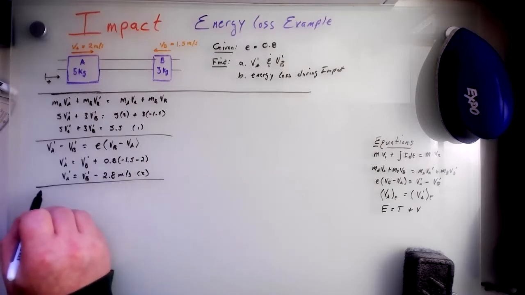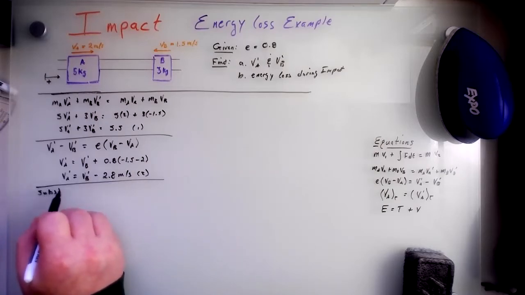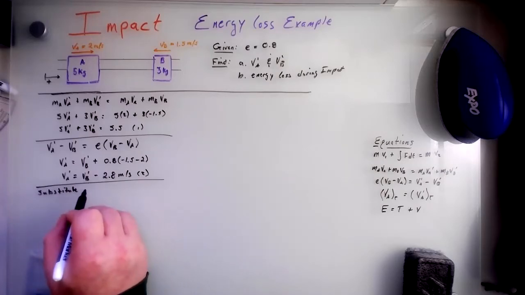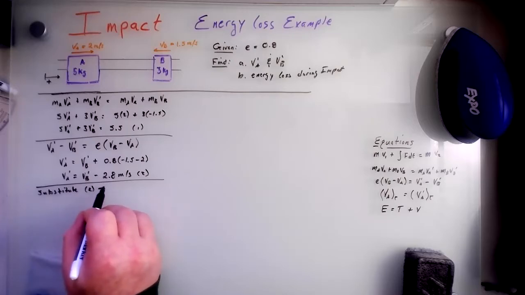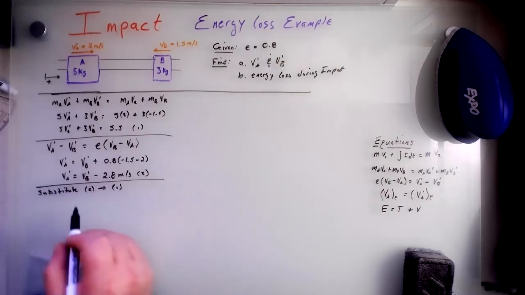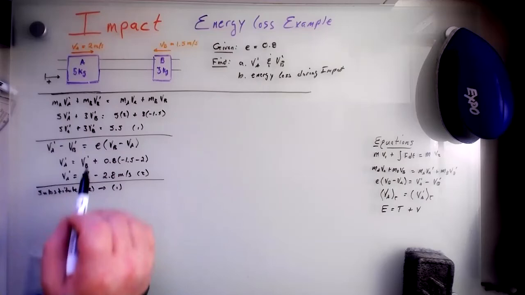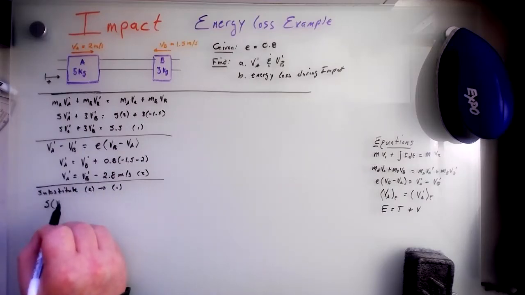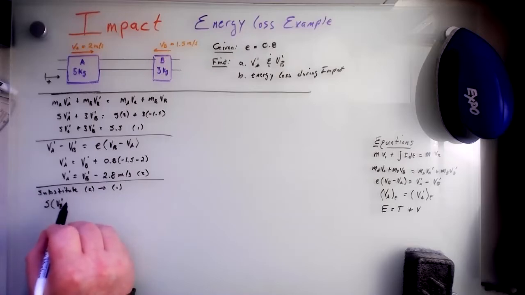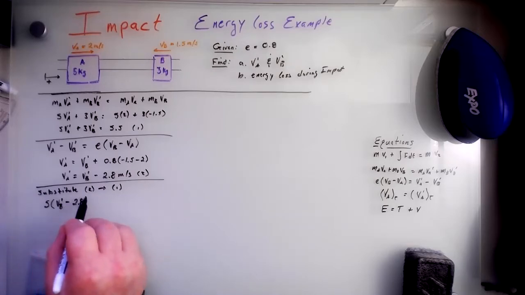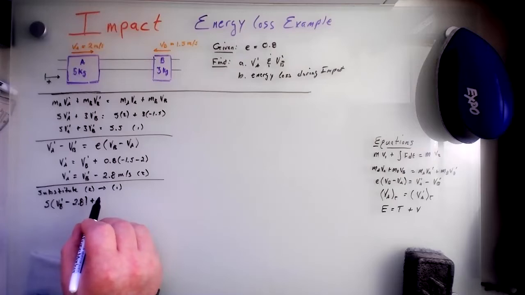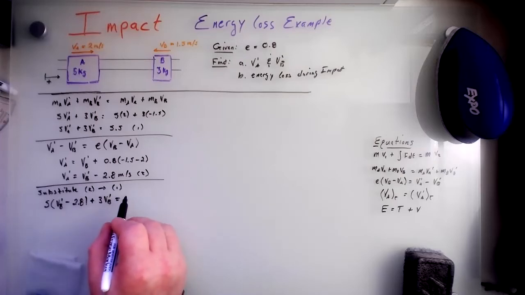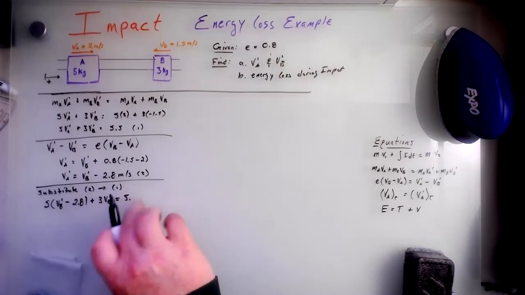And we'll substitute number 2 into number 1. So we'll just replace VA prime with this. So what do we get? We get 5 times VB prime minus 2.8 plus 3 times VB prime equals 5.5.